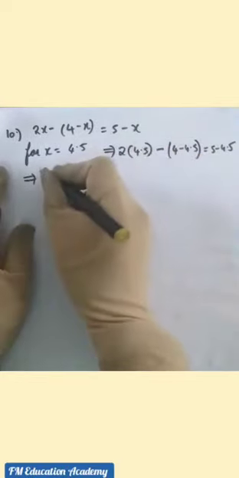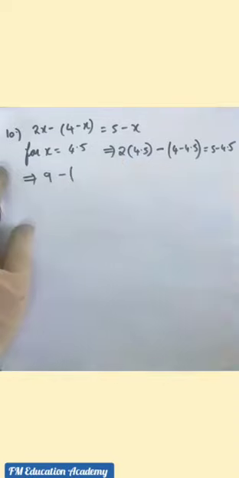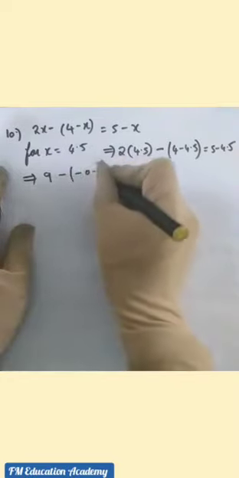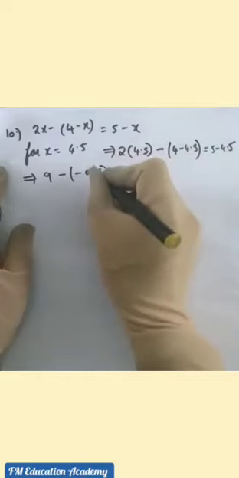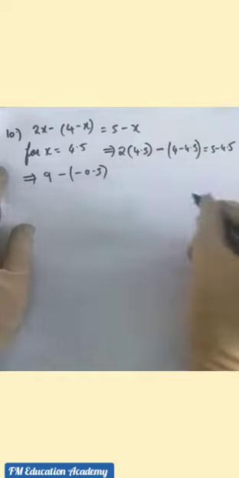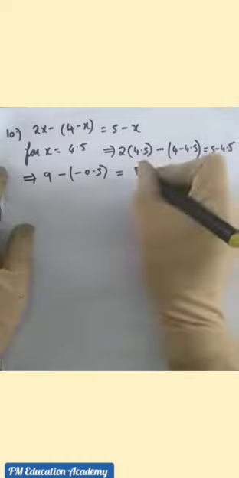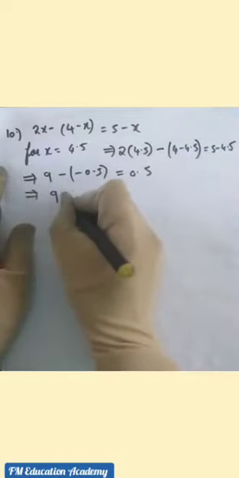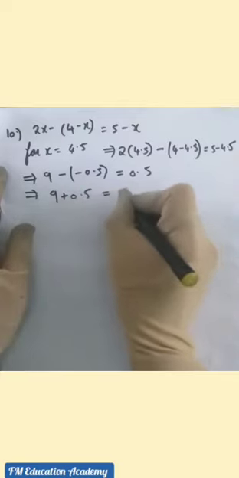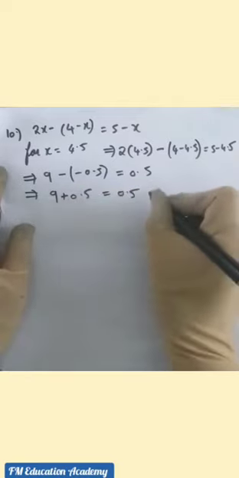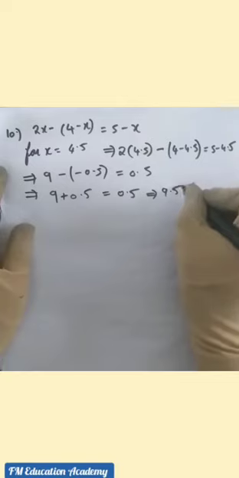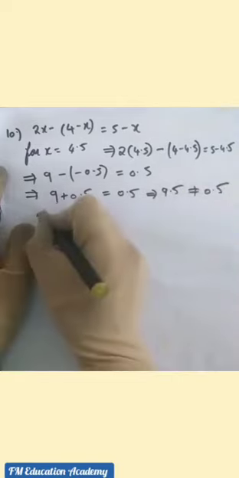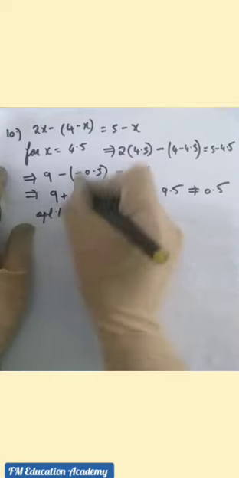We know 4.5 into 2 is 9, minus 4 minus 4.5 is minus 0.5, because 4.5 minus 4 is 0.5 and bigger number sign here is minus, is equal to 5 minus 4.5, means 0.5. Now 9 as it is, minus into minus plus 0.5 is equal to 0.5. Of course 9 plus 0.5 is 9.5. Is 9.5 equal to 0.5? No, it is not equal. So it cannot be option 1. That is x is not 4.5.